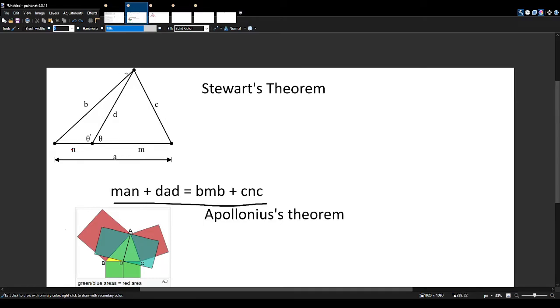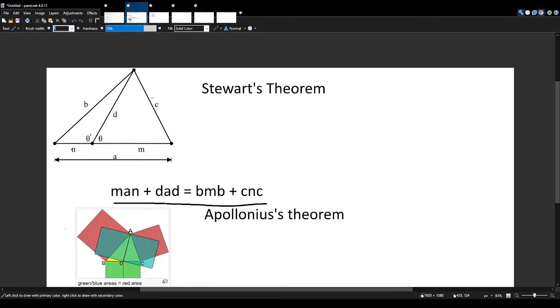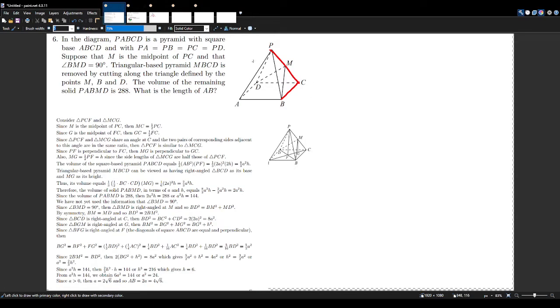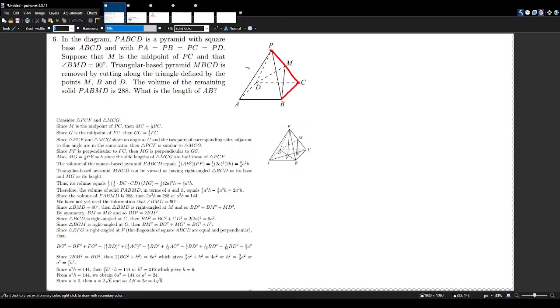The importance of memorizing the position of where all the variables are, instead of just memorizing the formula, is because when you have a problem like this where the Cevian is rotated at a different angle, it would be kind of hard to know which variable is which, right?